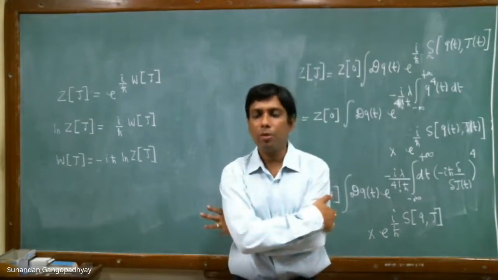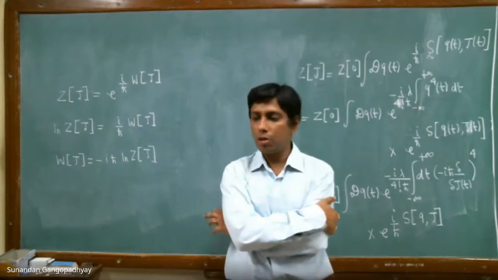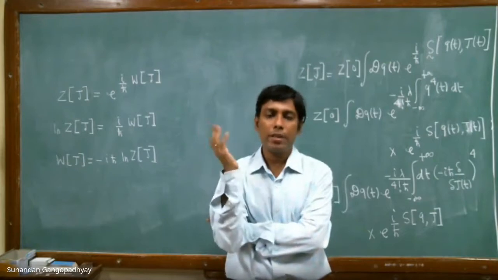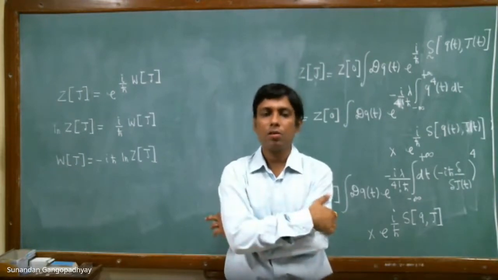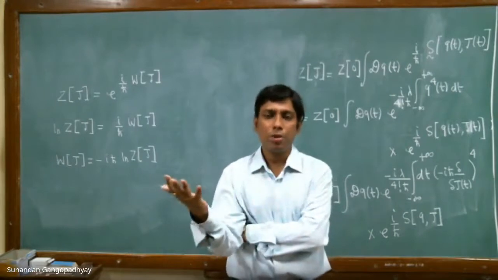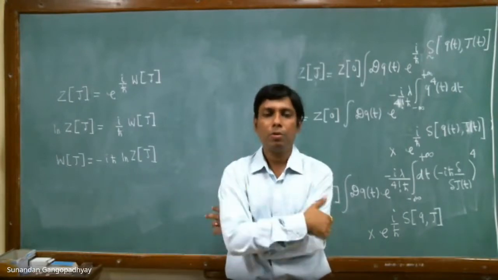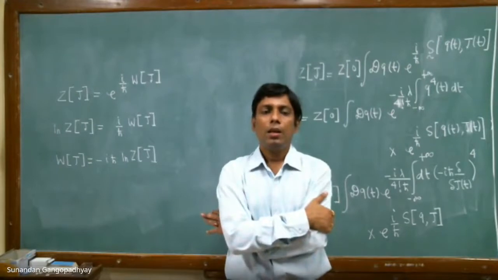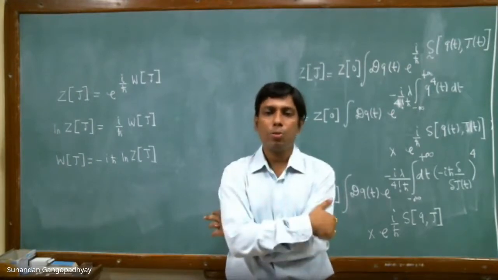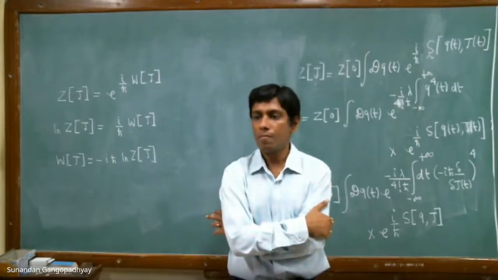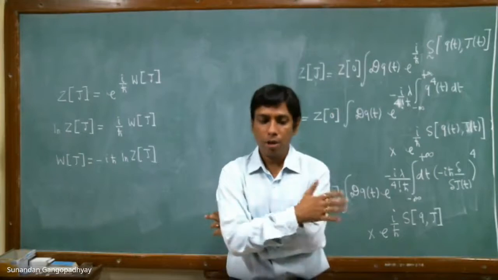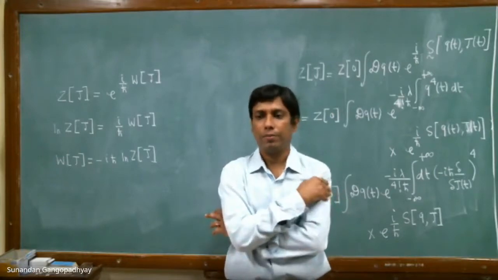For a Gaussian probability distribution, these results are actually the same. You have the same results in statistics also. If you have a Gaussian probability distribution function, then you can show that all the odd moments of this probability distribution function are 0. But all the even moments will survive.